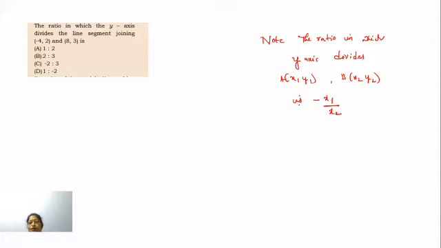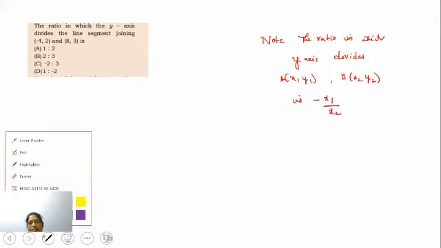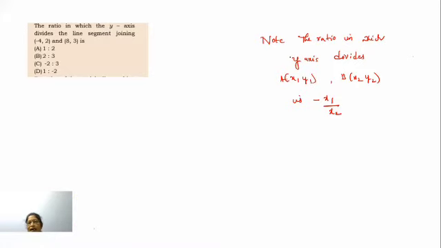Similarly, if it was the x-axis dividing the points, in the place of y, if you have x here, then the ratio becomes minus y1 by y2. I believe you follow. You just remember this. Ratio in which y-axis divides the points is minus x1 by x2.